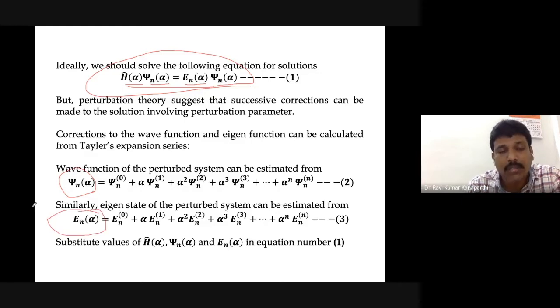energy of the eigenstates can be expressed in terms of a Taylor expansion series in terms of the perturbation parameter, like this.